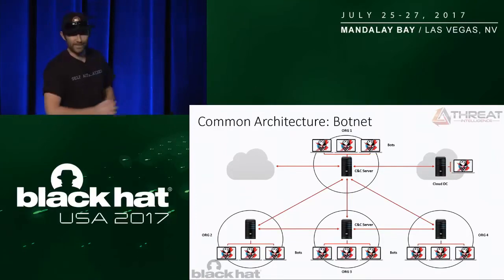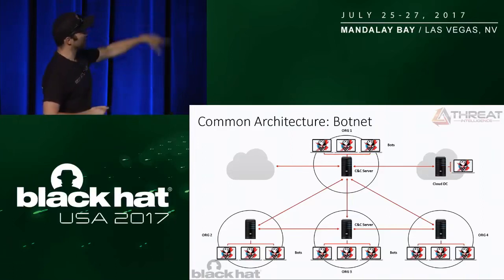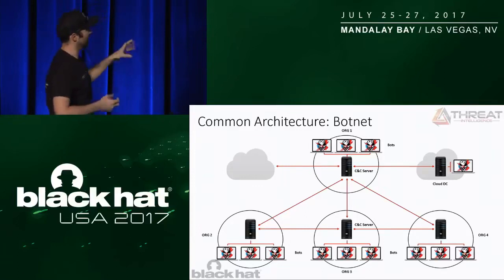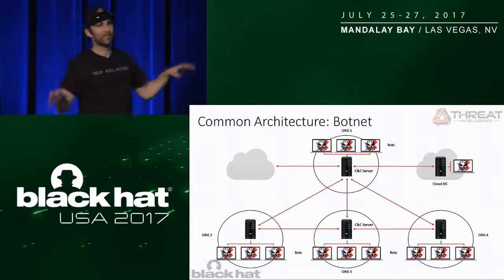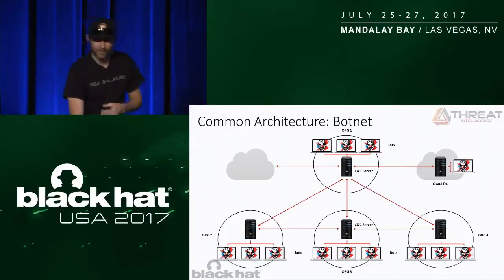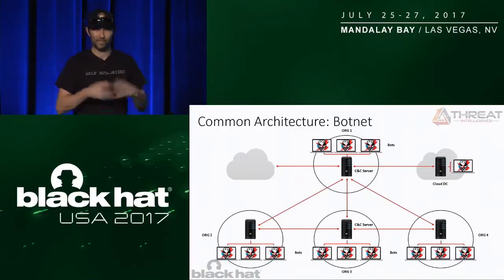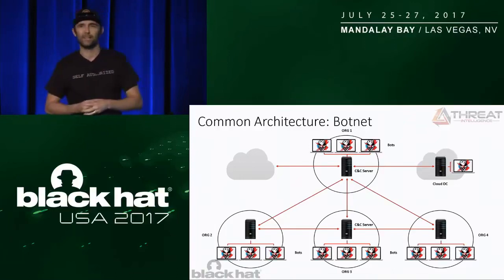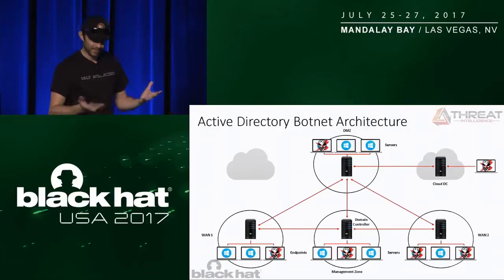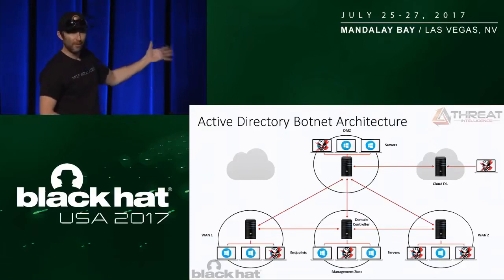You don't necessarily need the command and control servers inside the organizations, but there are command and control systems on the internet, and within these different security zones or organizations, there are bots that communicate with the command and control systems, including bots sitting in the cloud, right? So what we're doing is combining the two similar concepts, a bot architecture and an AD architecture, and creating the Active Directory botnet architecture, which is pretty much the same as both, right?